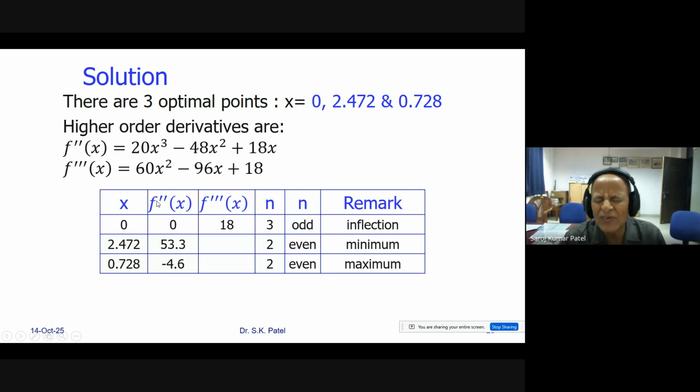Now let us check for the second point, x is equal to 2.472. Put it in f double dash x, which is 20x cube minus 48x square plus 18x. Put x is equal to 2.472. Do you have a calculator? Otherwise, open your mobile phone and calculate this f double dash x at x is equal to 2.472 and check if you are getting 53.3.